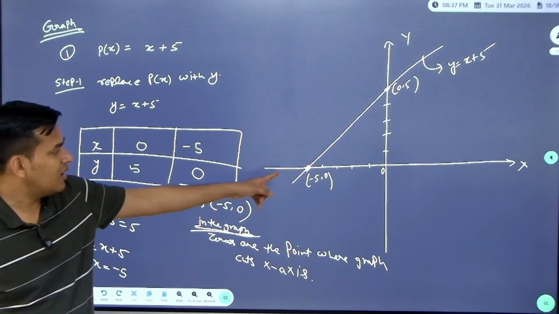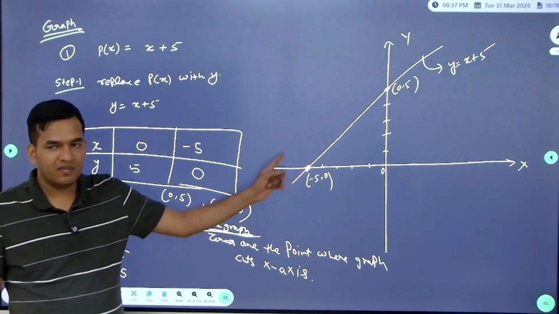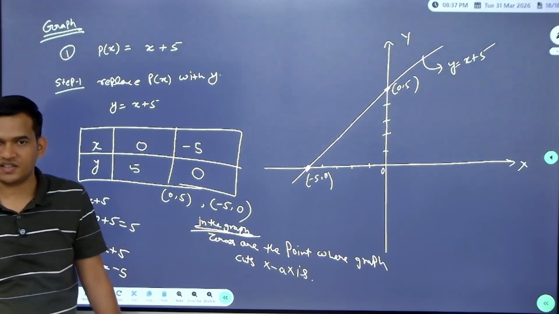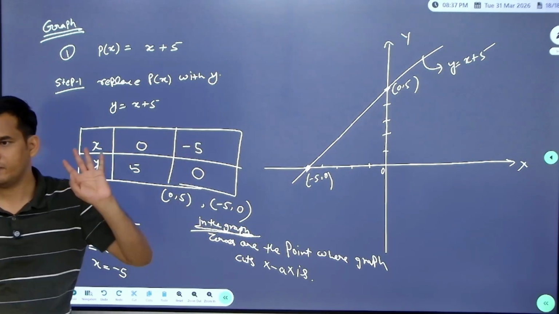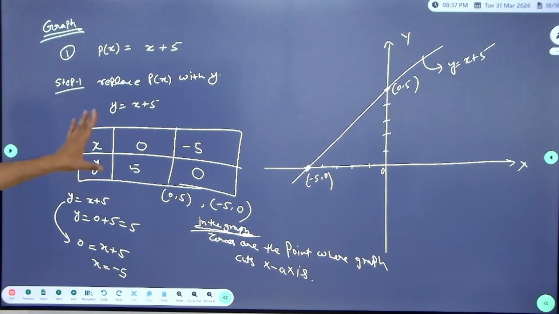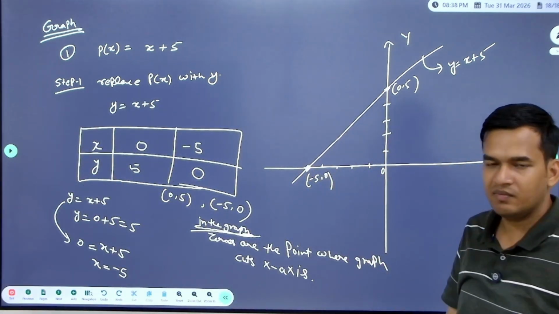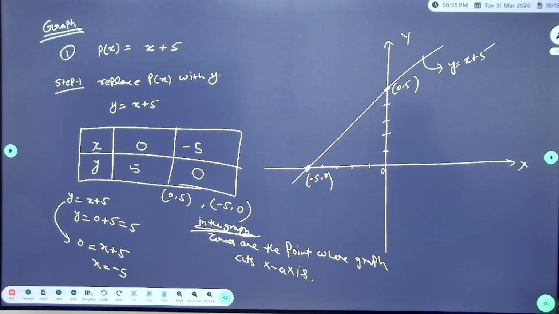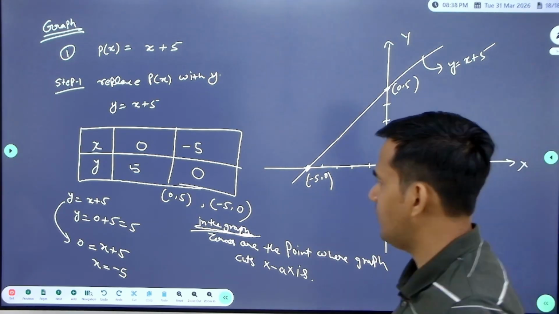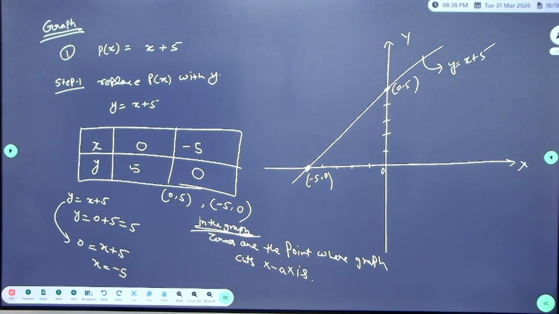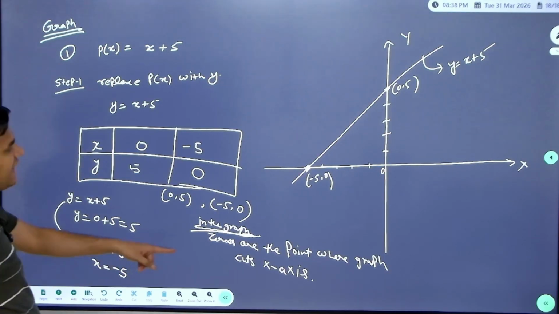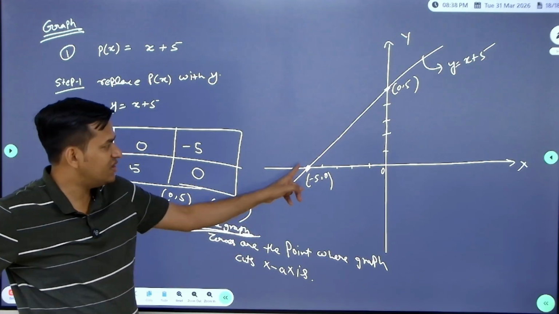In this case, only one time the graph is intersecting the x-axis, that is one zero, that is minus 5. Y-axis से कोई मतलब नहीं, only from the x-axis. That's why it is called zero, because at this point the value becomes 0.